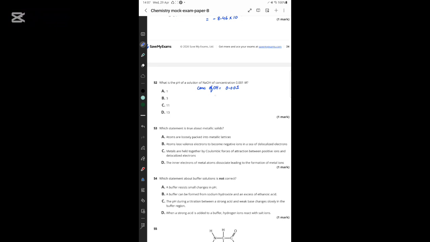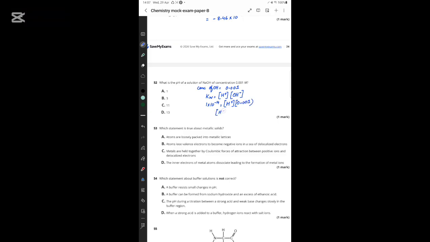First we have the formula Kw is equal to the concentration of hydrogen ion times the concentration of hydroxide ion. The Kw value is 1 times 10 to the power minus 14, the hydrogen ion concentration we need to find out, and for hydroxide ion it is 0.001.